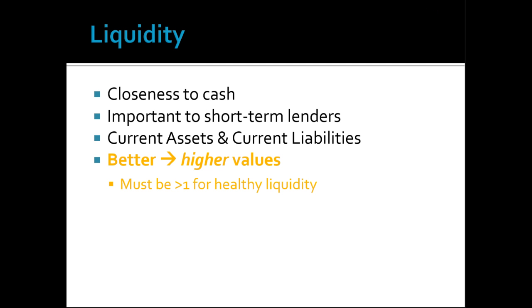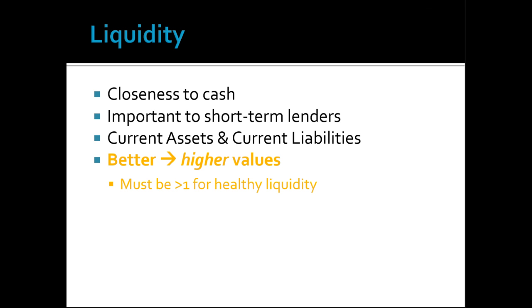All right, let's dive into the liquidity ratios. Remember, liquidity is a measure of how close an asset is to cash. So cash is the most liquid asset on the balance sheet, which is why it is the first line item listed. Our assets are listed in order of their liquidity. Now, there are other similarly liquid assets that are just not cash.